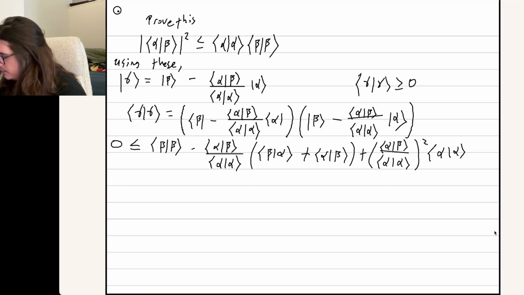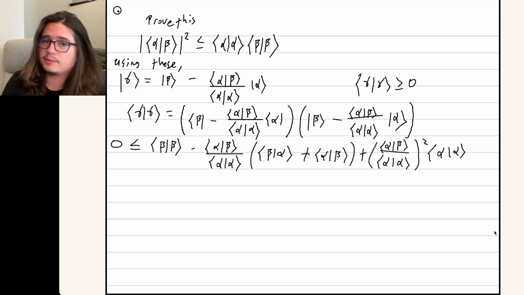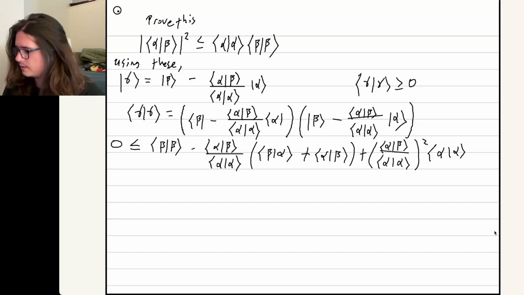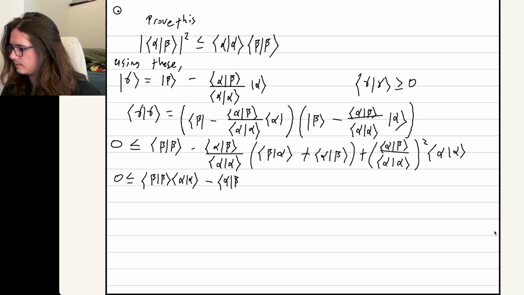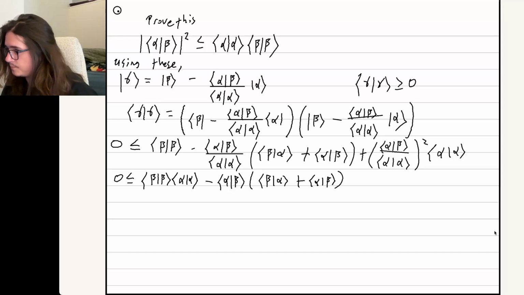So what I'm going to do now is multiply both sides of the equation by the inner product of alpha with itself. So 0 is still 0. We have now the inner product of beta with beta times the inner product of alpha with alpha, right? When we multiply by the inner product of alpha with alpha, the one on the bottom here will cancel. So we just have alpha beta times beta alpha plus alpha beta here in these parentheses.